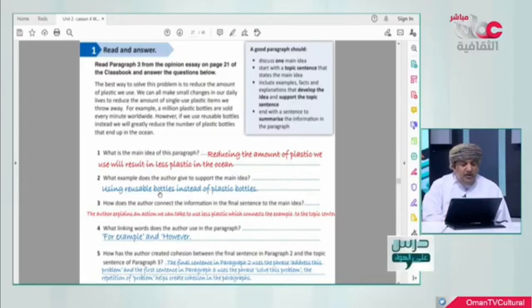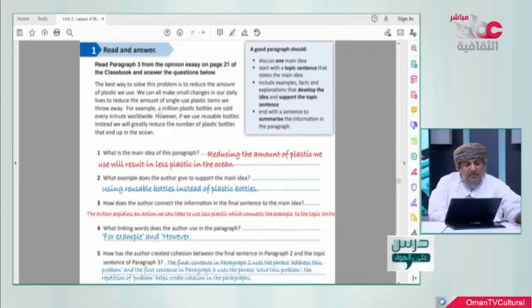Using reusable bottles instead of plastic bottles. This is one example to support the main idea. As you can see here, the best way to solve this problem is to reduce the amount of plastic we use, meaning reduce the amount of plastic we use in our lives. We all make small changes in our daily lives to reduce the amount of single-use plastic items we throw away.